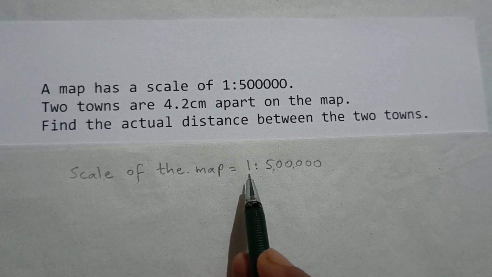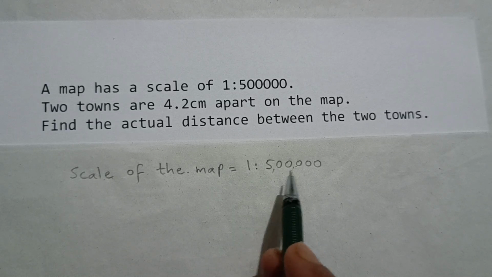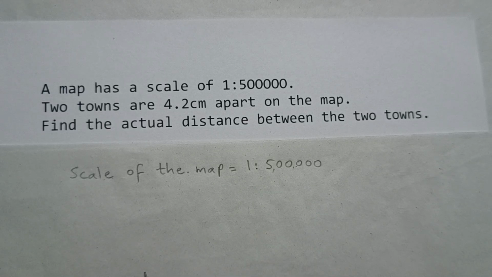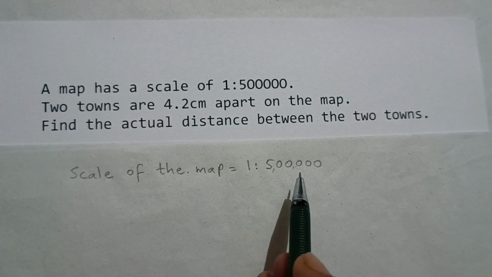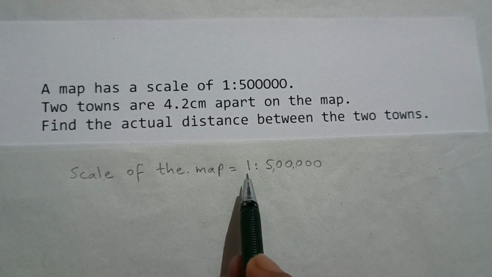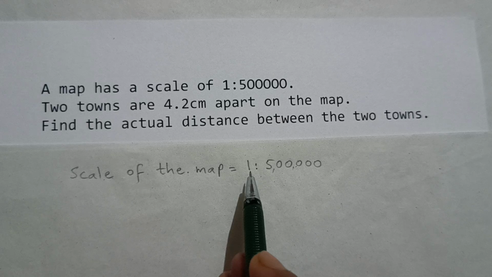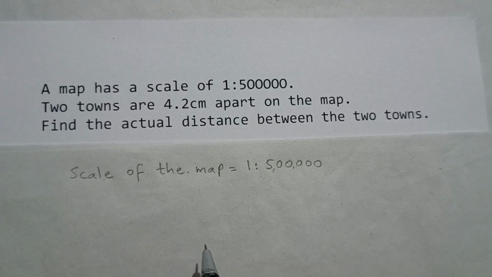So always remember that the smaller value represents the distance on the map and the larger value represents the distance on the ground. So in this question, the smaller value is 1 and the larger value is 5 lakh, so the smaller value represents the distance on the map and the larger value represents the distance on the ground.